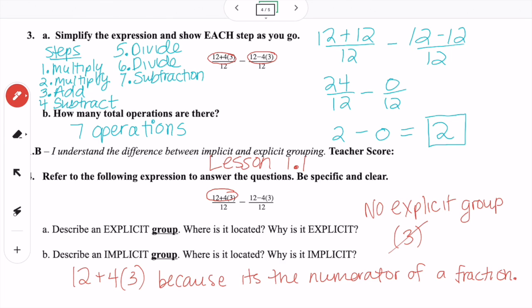And we have to solve or simplify numerators before we can divide. That's what makes it an implicit group.